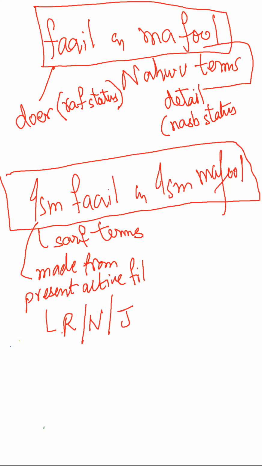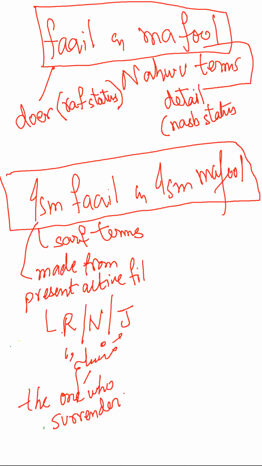Remember the Muslim chart? So Muslimun is an ism fa'il, the one who surrenders. But we know the whole Muslim chart comes with all of the cases, right? So ism fa'il can be a doer, it can be a detail as well.